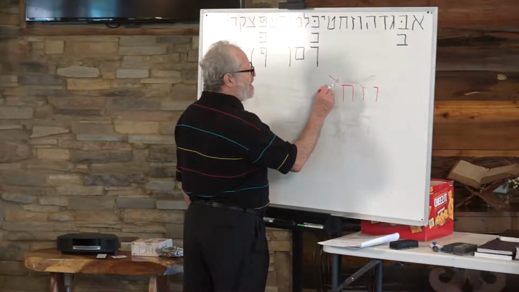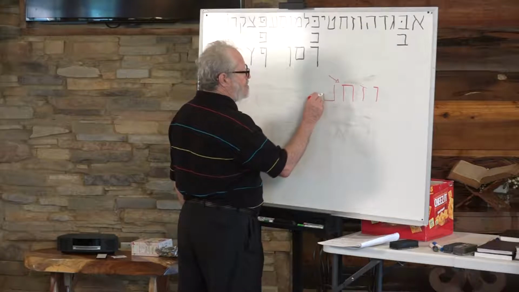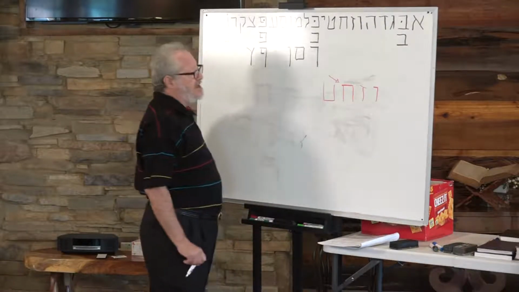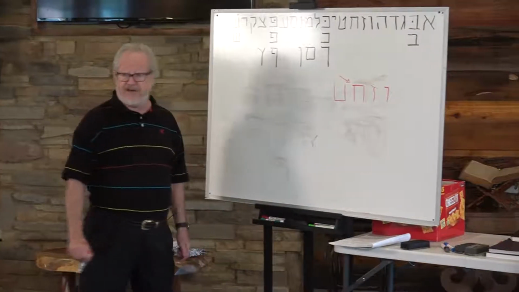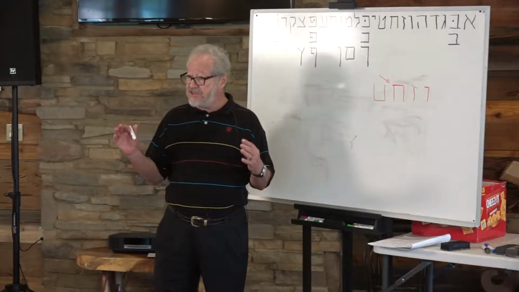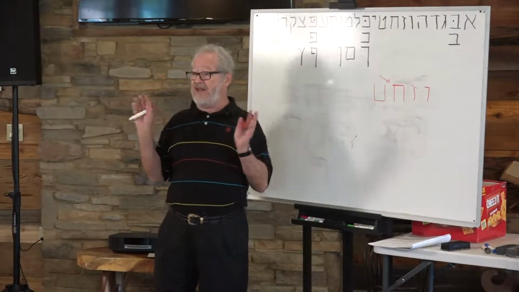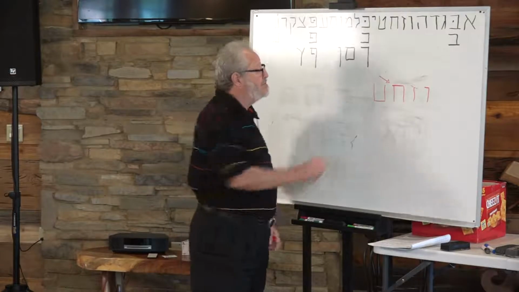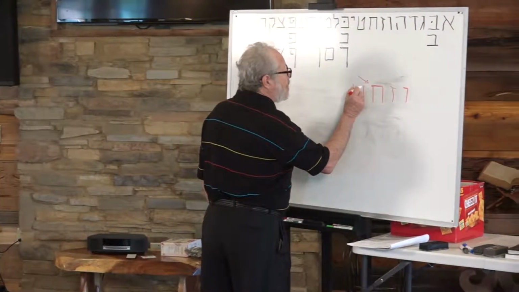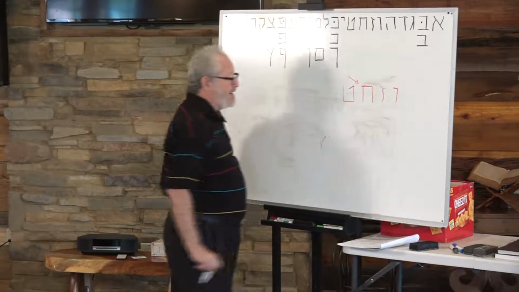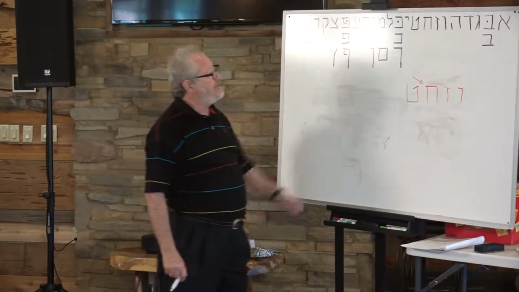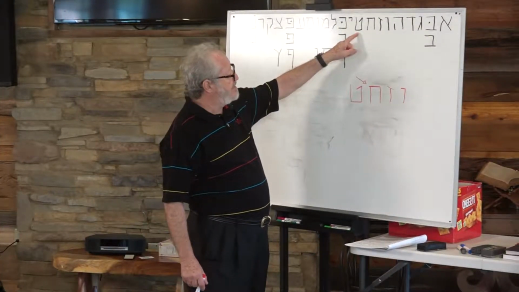Next is tet. Tet is the upside down U, or an upside down chet. And the tet is the only letter that has a kotz into itself rather than out somewhere. So a tet has a kotz inside its body. Okay? Here is its position right here, tet.